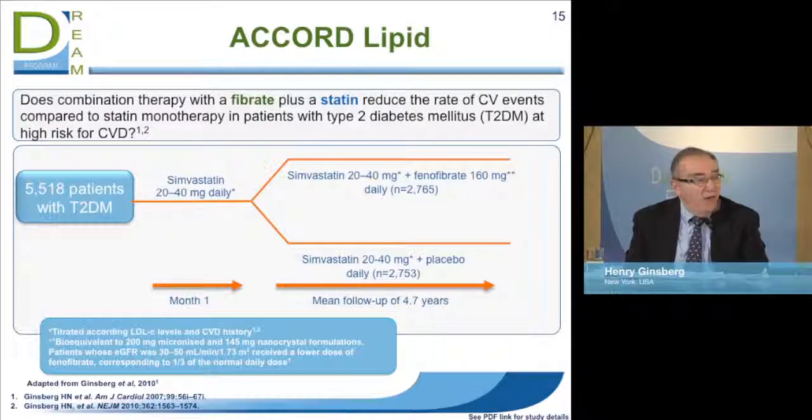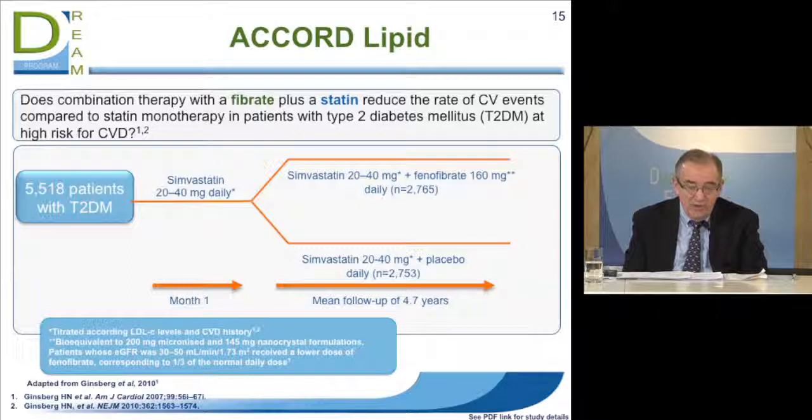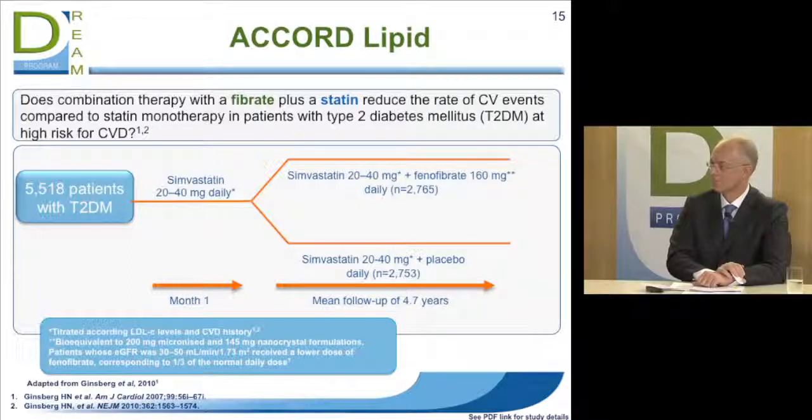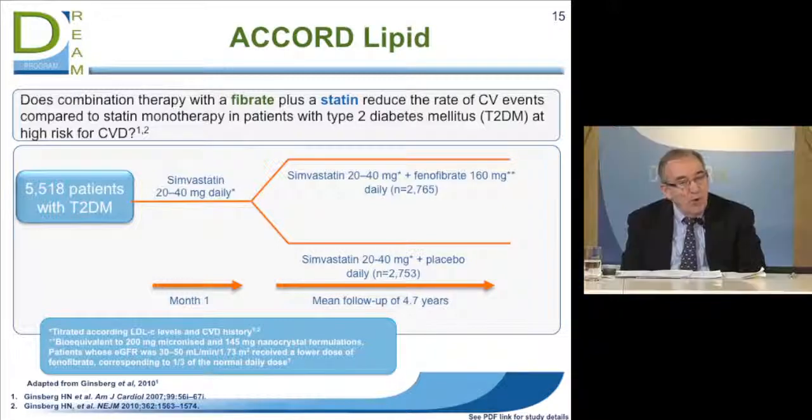There were 5,500 plus patients in this trial, and all of them received simvastatin between 20 and 40 milligrams a day, depending on their cardiovascular status, and then they were randomized to either receive placebo or fenofibrate. And the trial had a mean follow-up of 4.7 years.